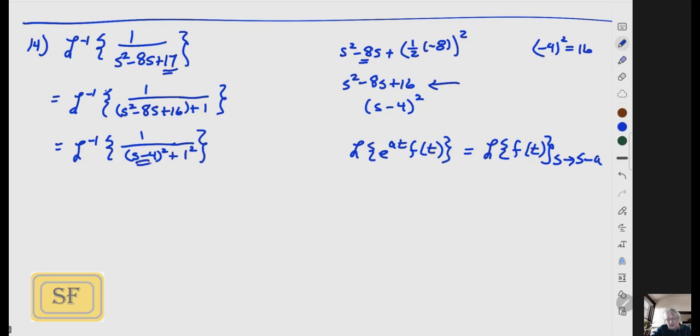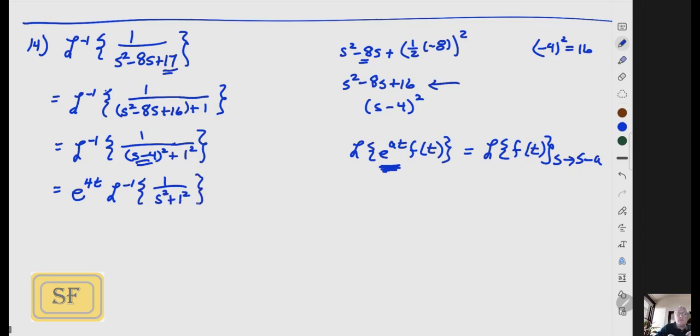In this case, a is 4 because we have a shift of s minus 4. So I can work this backwards, and it's going to give me my exponential function, e to the at, where a is 4, e to the 4t times the inverse Laplace, and now I can take away that shift, and I have 1 over s squared plus 1 squared.